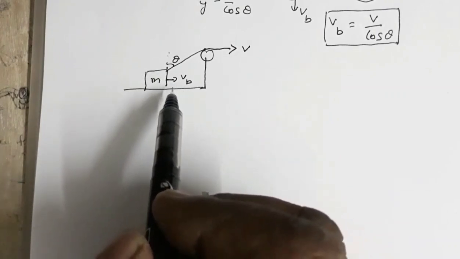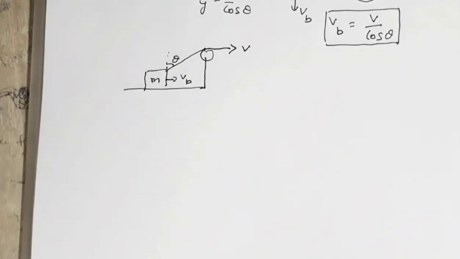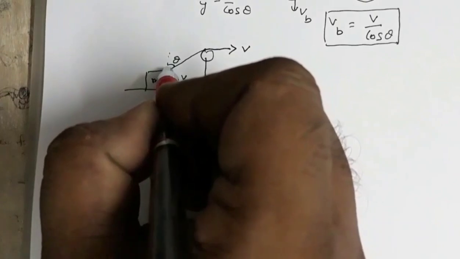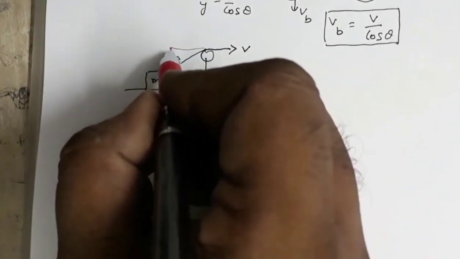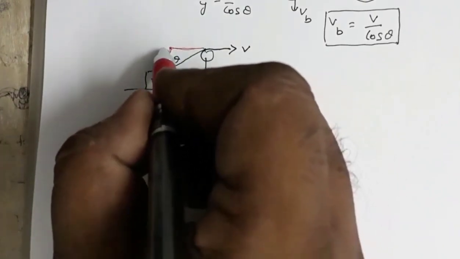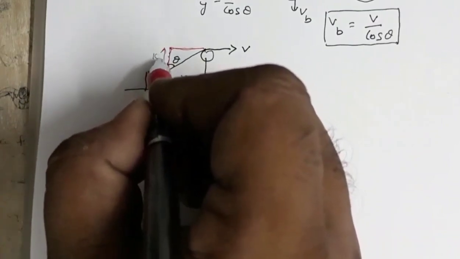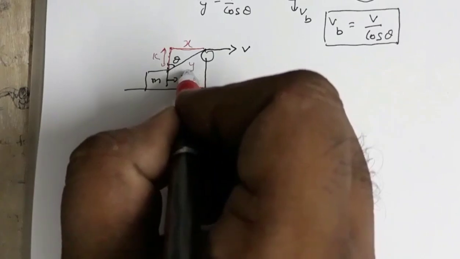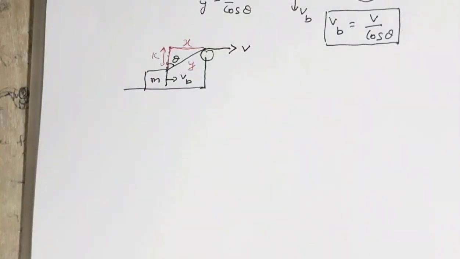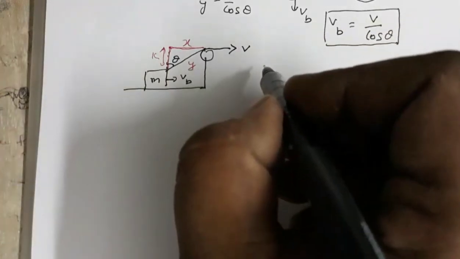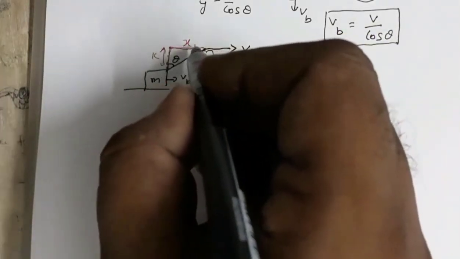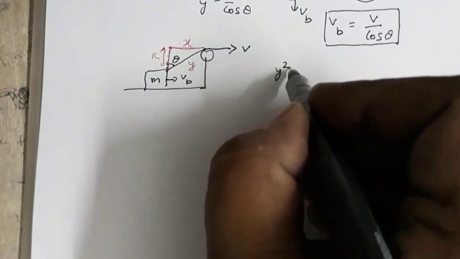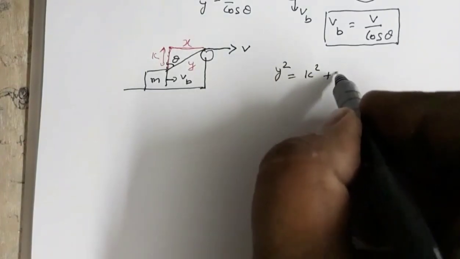The surface is smooth. So again here we see that there is a formation of right angle triangle. This is k, suppose this length is x, this length is y. Again if we apply Pythagoras theorem, this is base, this is perpendicular, this is hypotenuse. So y square is equal to k square plus x square.